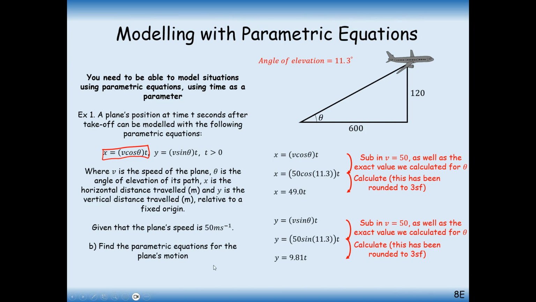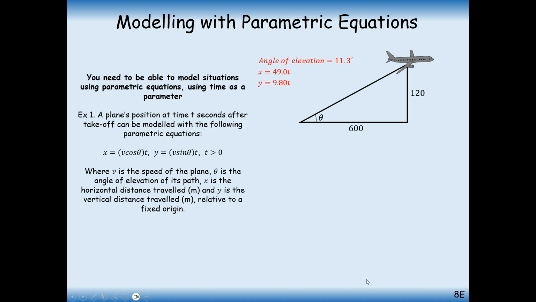So we found these two to be the parametric equations, a simplified version of parametric equations. Now in part C, we are calculating the vertical height of the plane after 10 seconds. So height is referring to y.